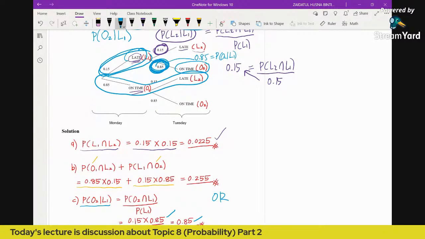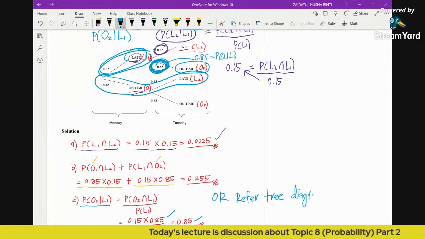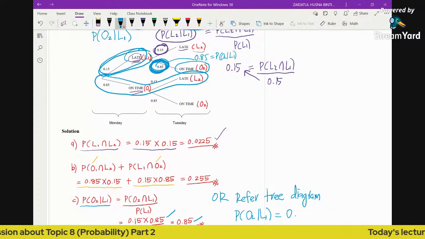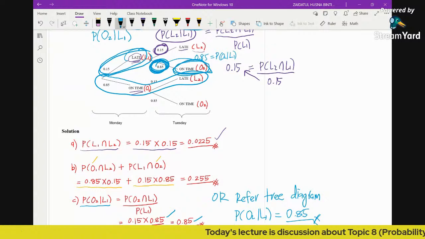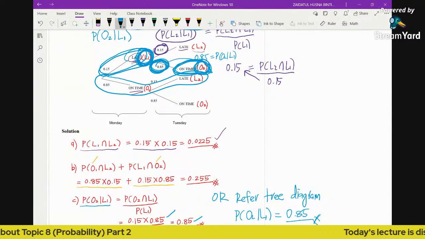So you can simply refer to the tree diagram and get the value directly. The probability of O2 given L1 is 0.85, because you can see the previous branch is L1.